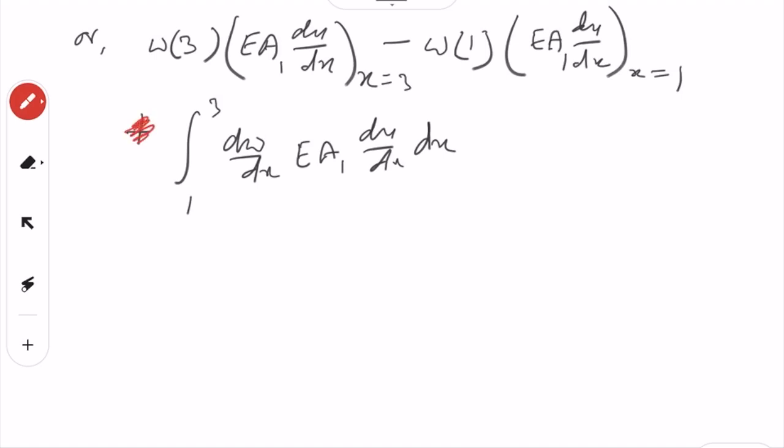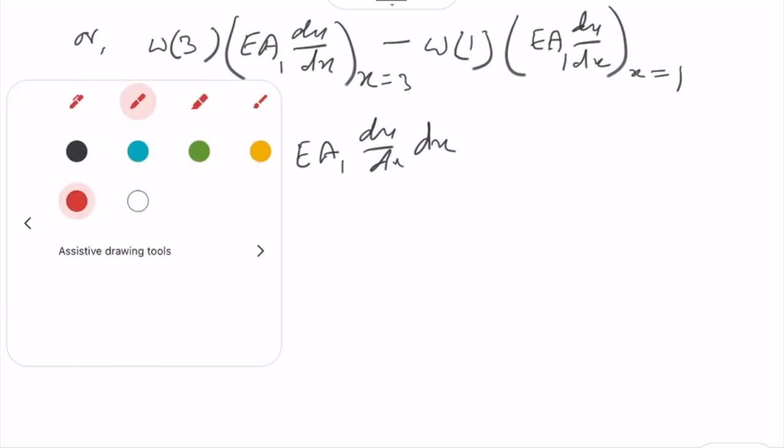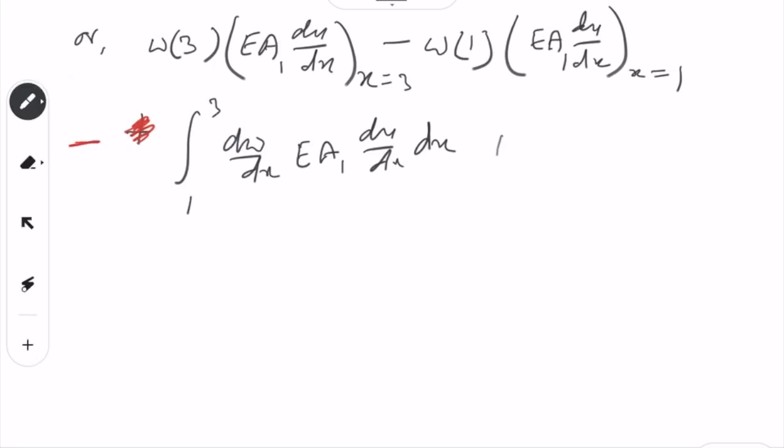Okay, plus 3, 1, 2, 3, wx bx. Yeah, got it. So this is what we have.